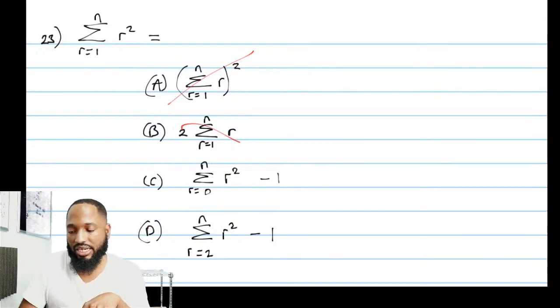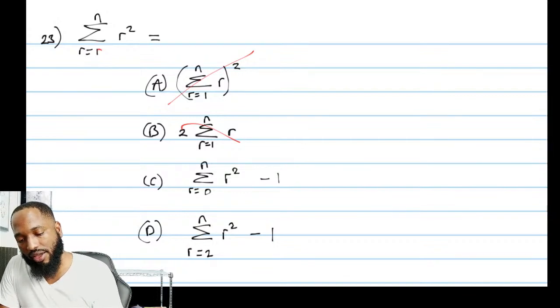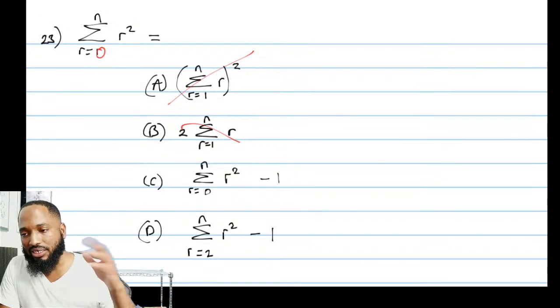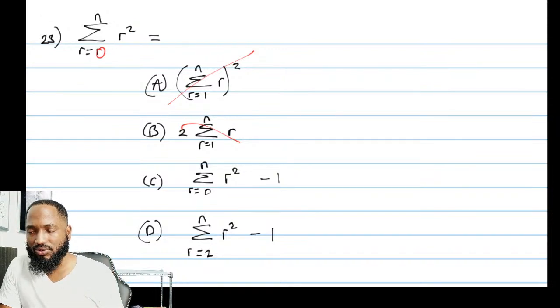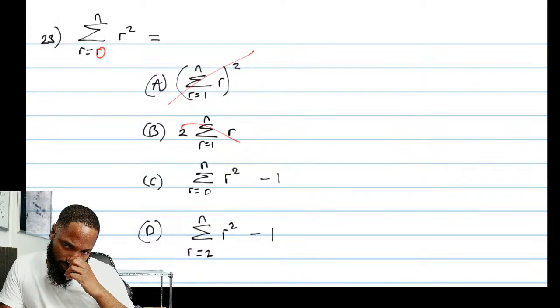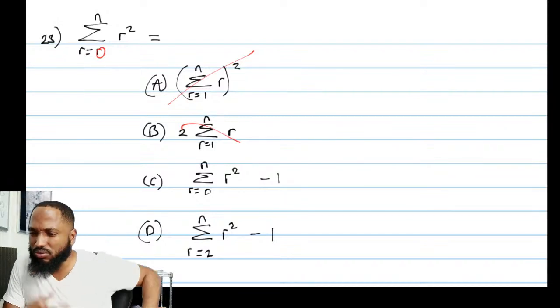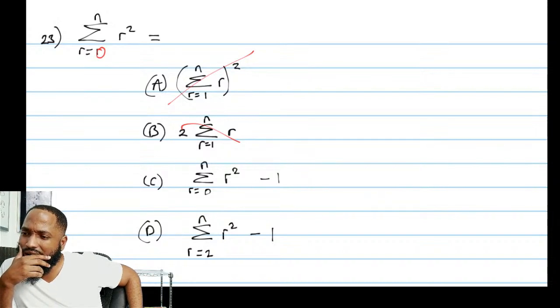Somebody said 23C, yes. Because if I leave out the term where r is 1, 1 squared is 1, so r squared. Interesting. I think I wrote this question wrong.